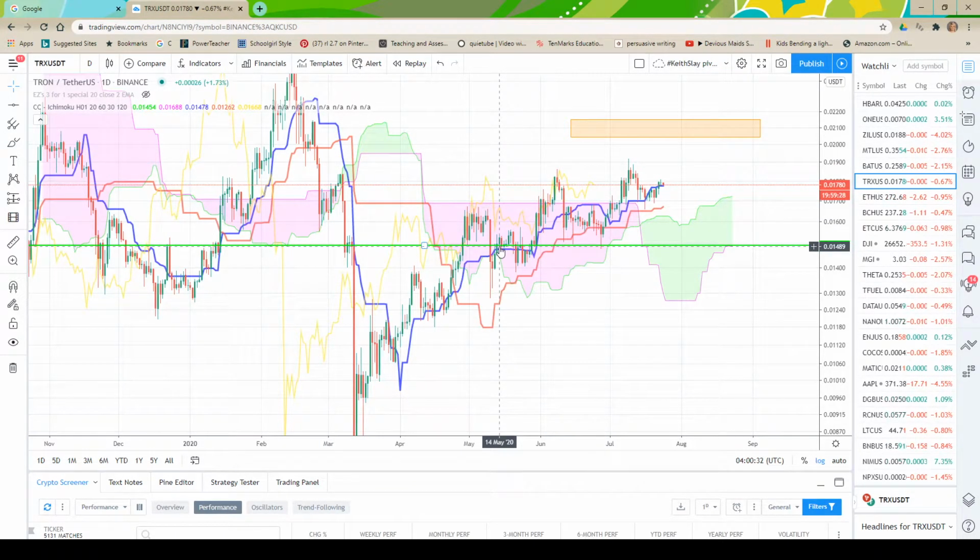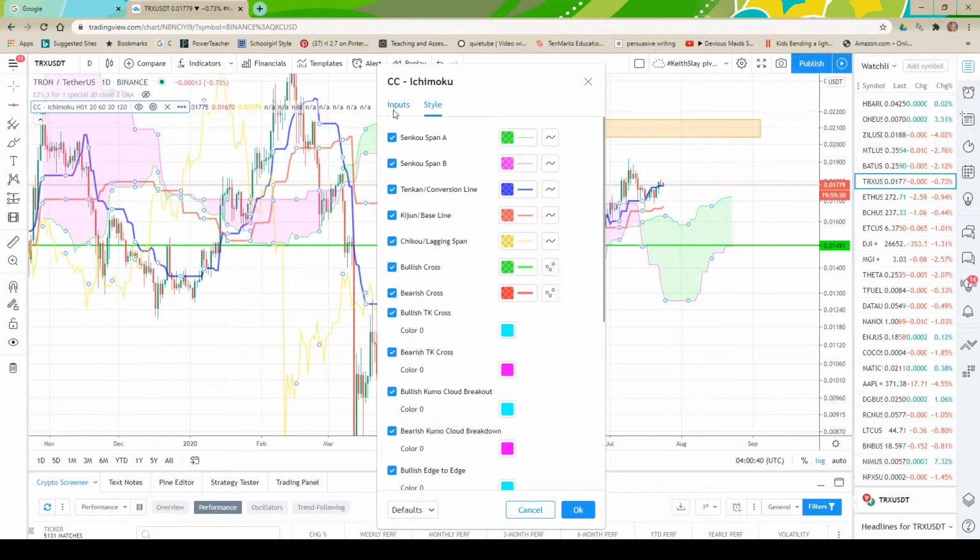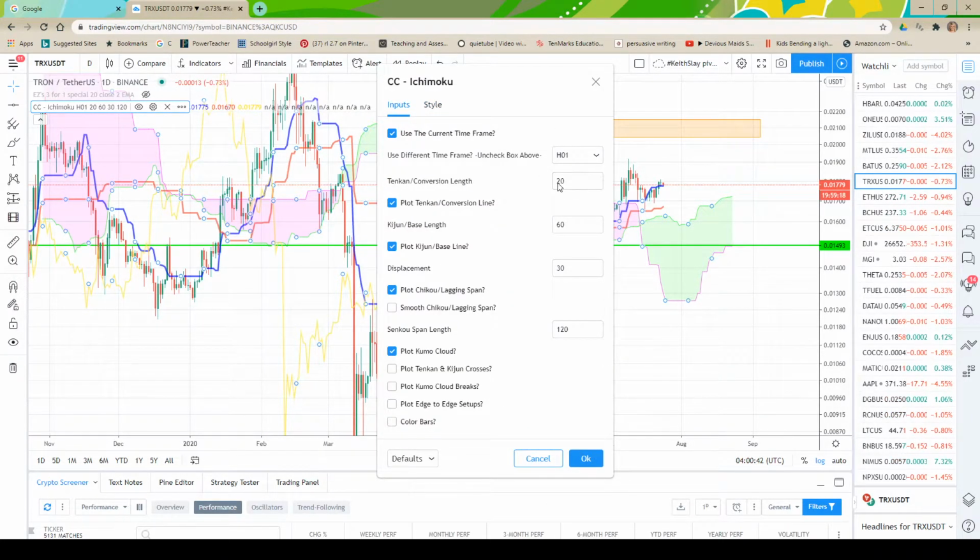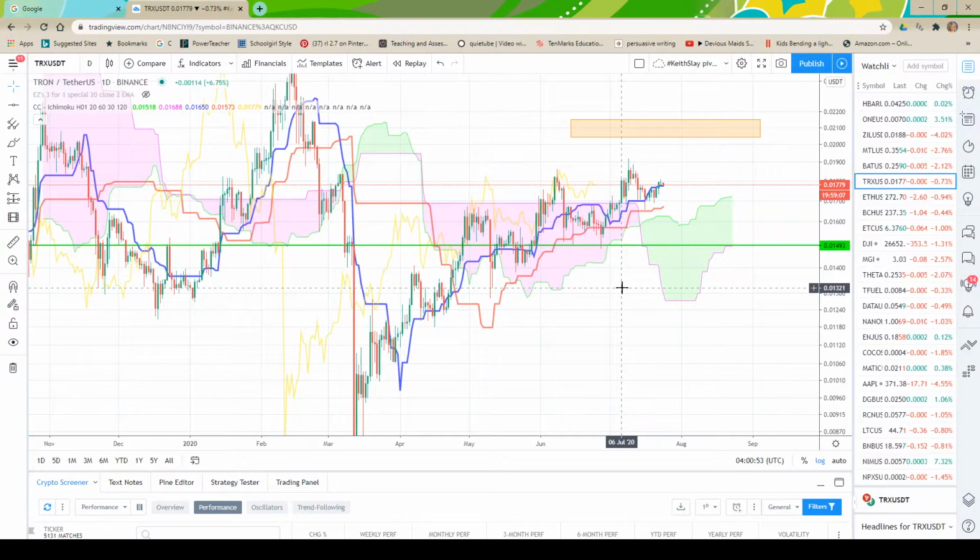In fact, what we found is this cloud is only 20 instead of 23. It's 60 instead of 50. It's 30 instead of 8, stuff like that. The settings are different. You can look them up yourself if you'd like and try to get an idea.